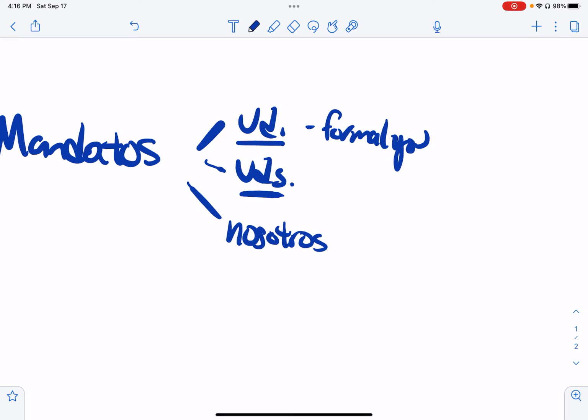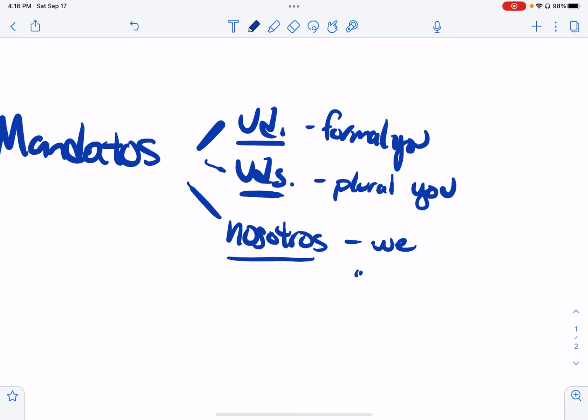Ustedes is the plural you, like saying to a group of people, hey, you all do this task. And then nosotros, which means we. So this is like saying let's do such and such a verb, like let's go, let's eat, let's talk, etc.